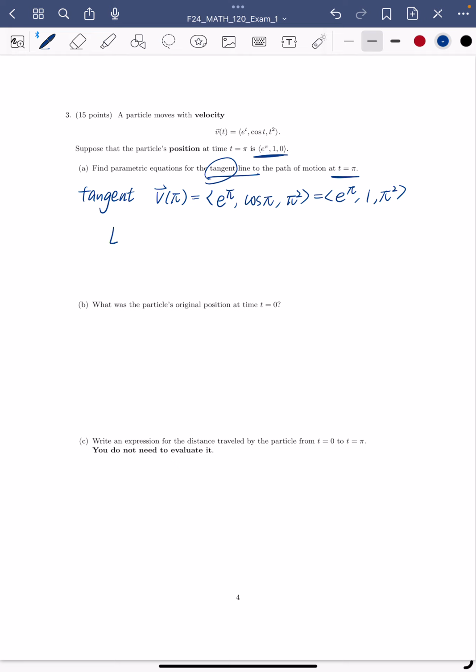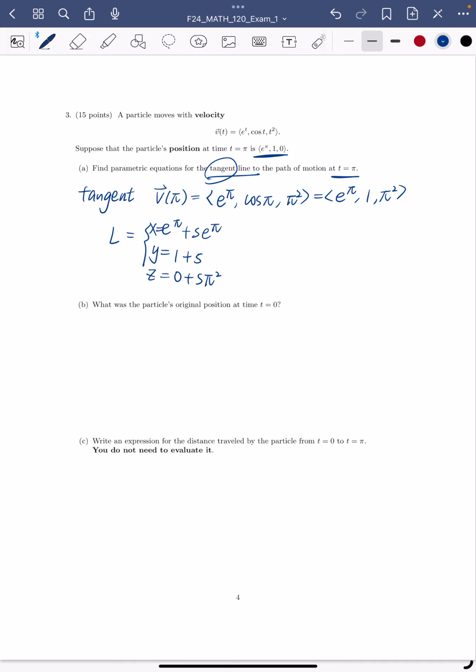Now the tangent line is, so you have the point, so your x equals e to pi, plus your tangent, so s e to pi, and y is 1 plus s, and z is 0 plus s pi squared. Okay, this is our line.